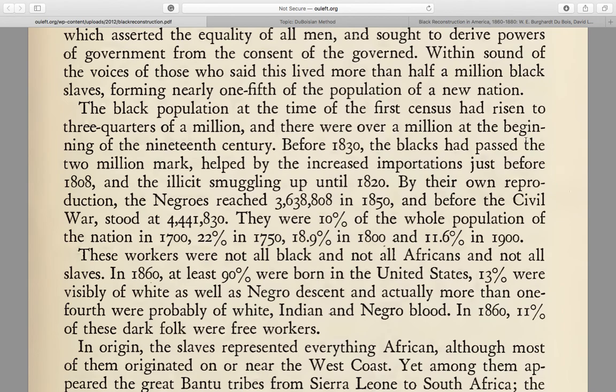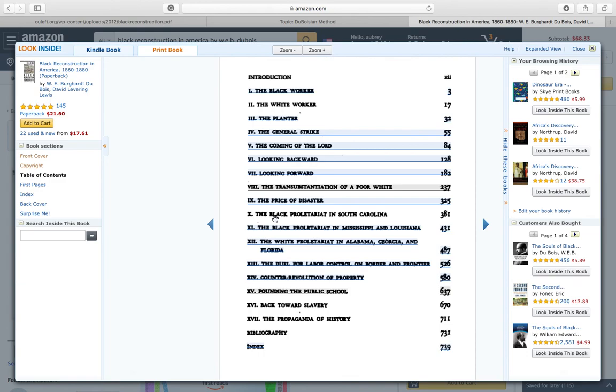So one of the central nuggets here to take from Du Bois, and again, just by looking at the titles of the chapters, is that this general strike of enslaved populations in the South are self-liberating.